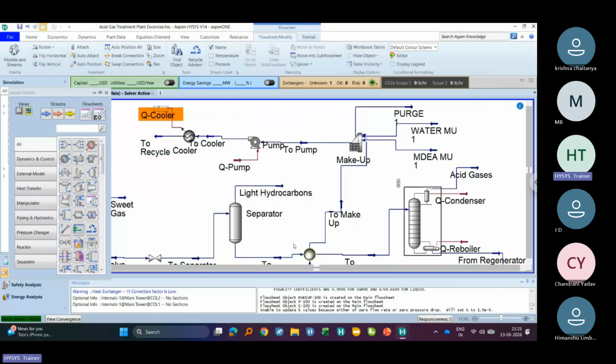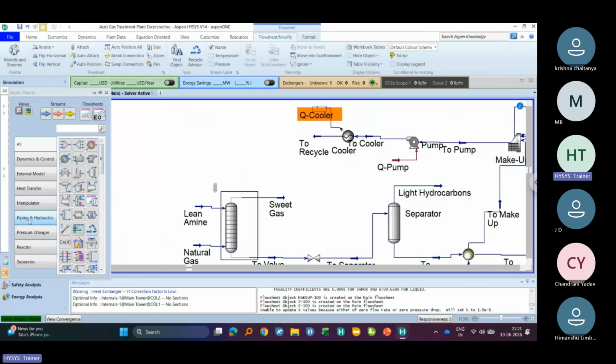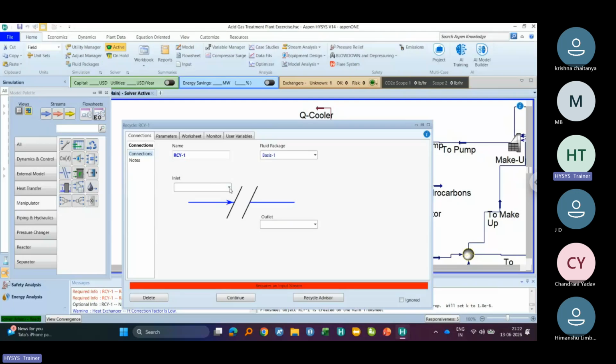Now I will simply add a recycle block to this. It is there in the manipulators. This is the sign for this recycle block. And in this recycle block, you just need to give two things. One is inlet and one is outlet. The inlet for this is to recycle.